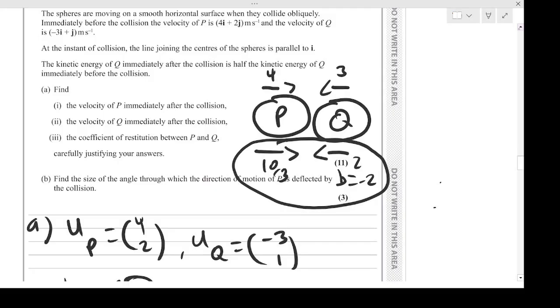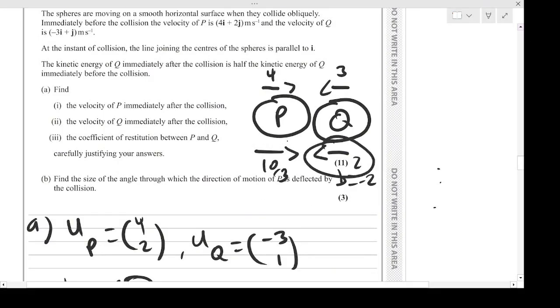So B cannot be minus 2, clearly. Q cannot be going to the left. It can't. So the only thing it can do is go to the right. So B would have to be a positive number. Okay. So there we are.